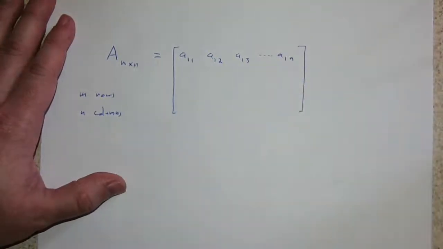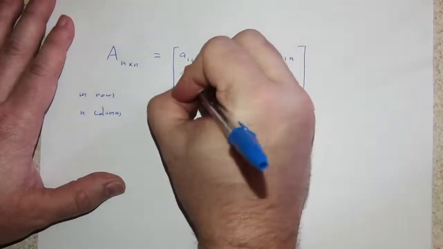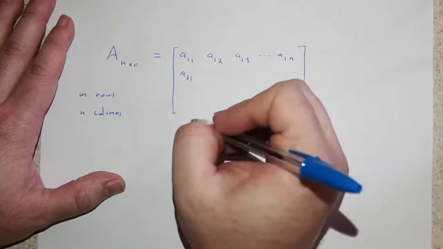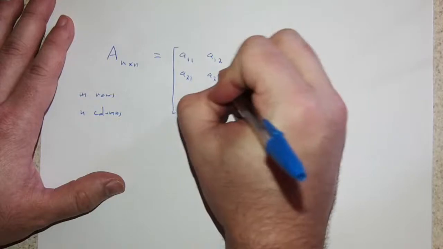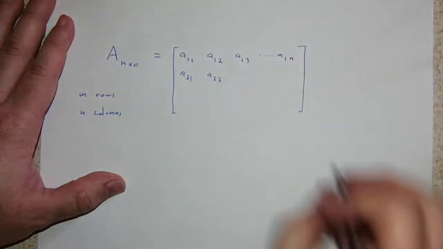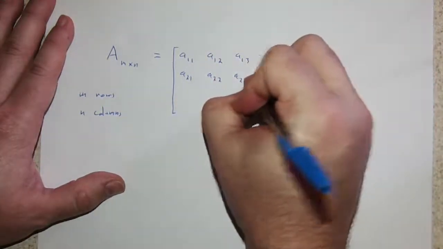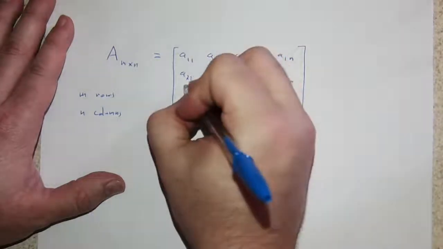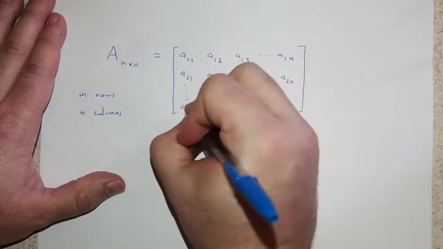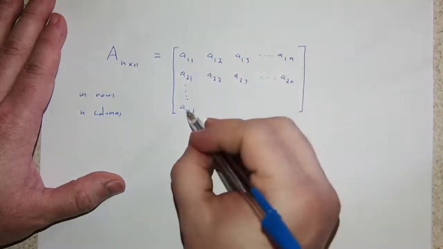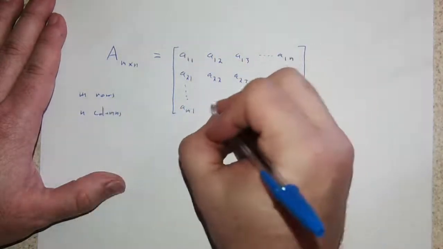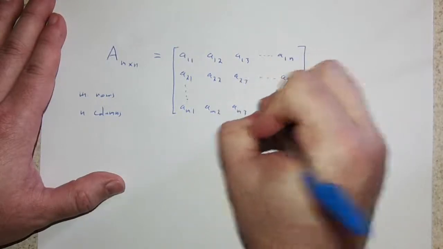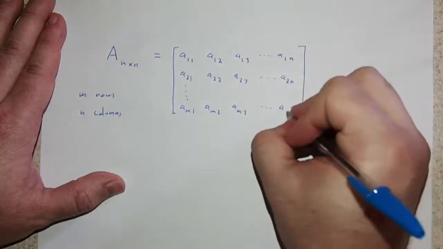Okay, the next row would be A sub 2,1, because this entry is in the second row, first column. The next entry would be in the second row, second column, so A sub 2,2, A sub 2,3, and so on, all the way out to A sub 2,n. And going all the way down to the mth row, this is A sub m1, because this is in the mth row, but first column. This would be A sub m2, A sub m3, all the way over to A sub mn.